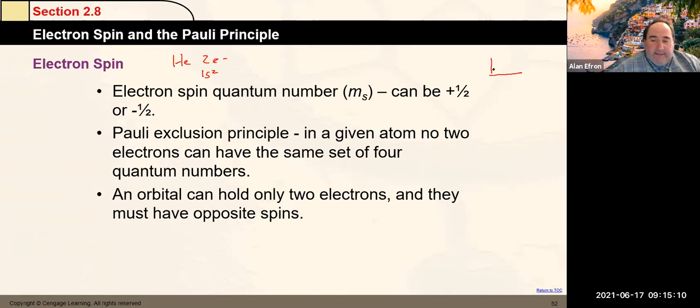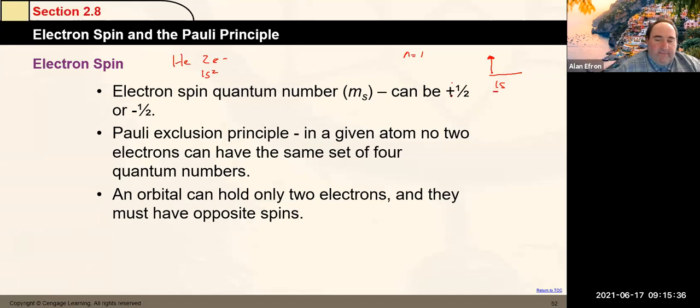If we put this electron in here first, and we wanted to give the 4 quantum numbers for that electron, the first electron will always go into the orbital pointing upwards.